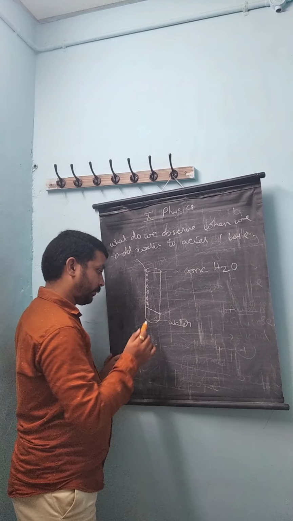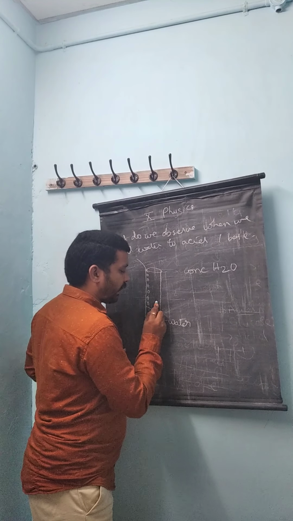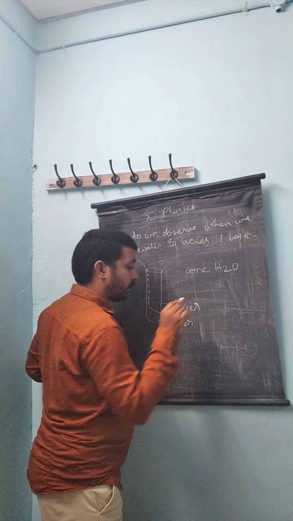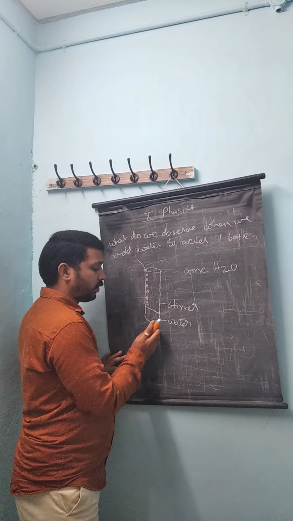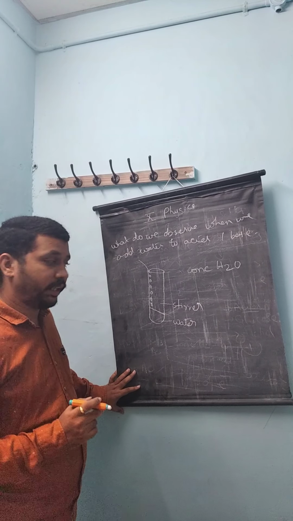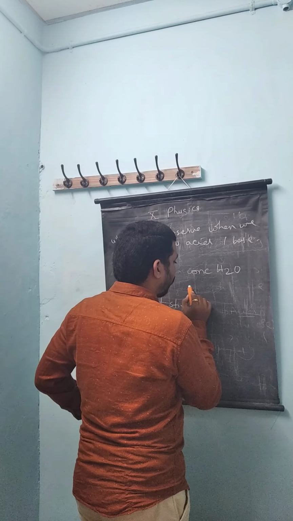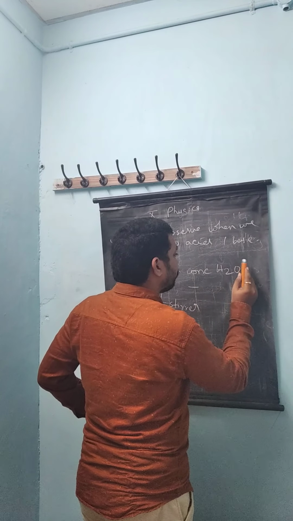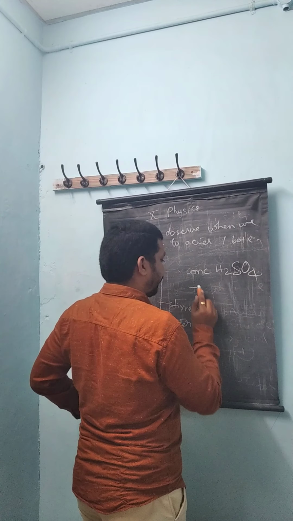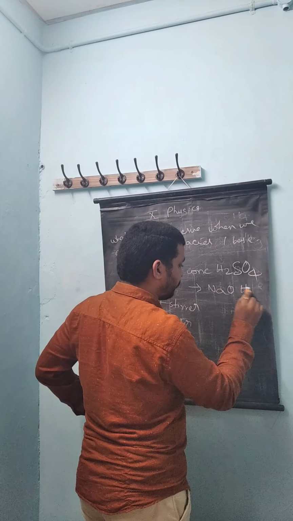And mix the water and the acid with the help of a stirrer and touch the bottom of the test tube with your finger. Again, repeat the same experiment, in place of concentrated sulfuric acid, with sodium hydroxide.